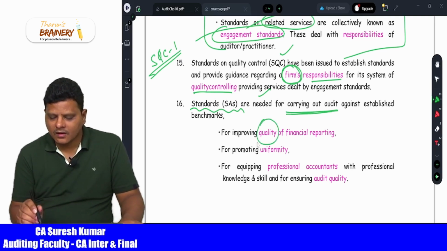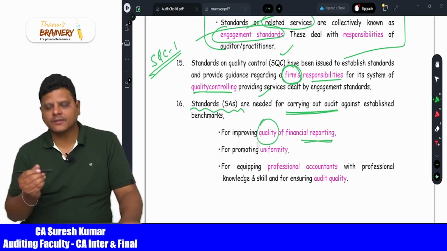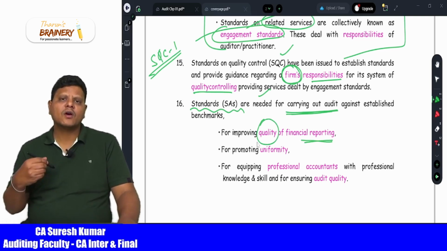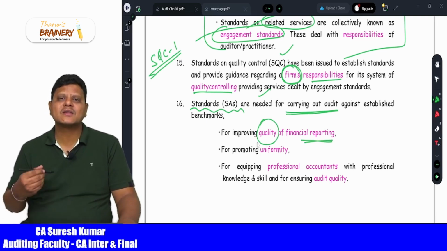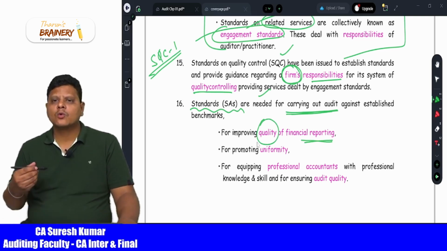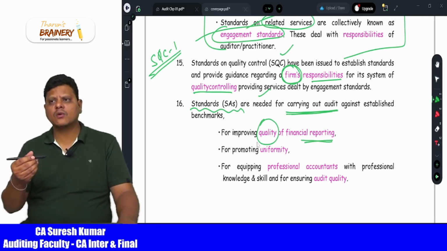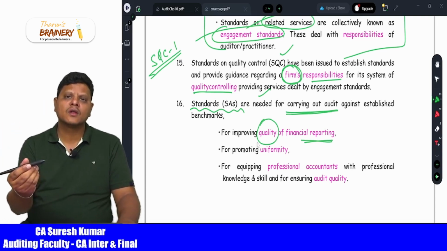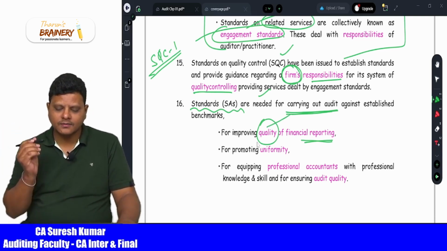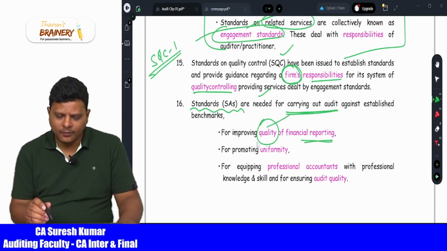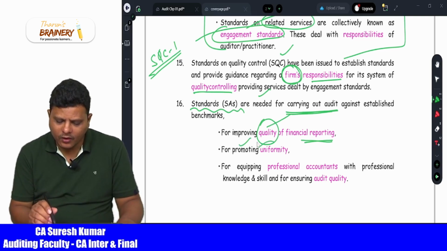in order to ensure quality in reporting. Whenever you are doing a financial statements audit, whether it is done for a small company, or by a newly qualified chartered accountant, or by a 10-year or 20-year experienced chartered accountant, our intention is to maintain quality. The second important point to be noted is that we want to promote uniformity.